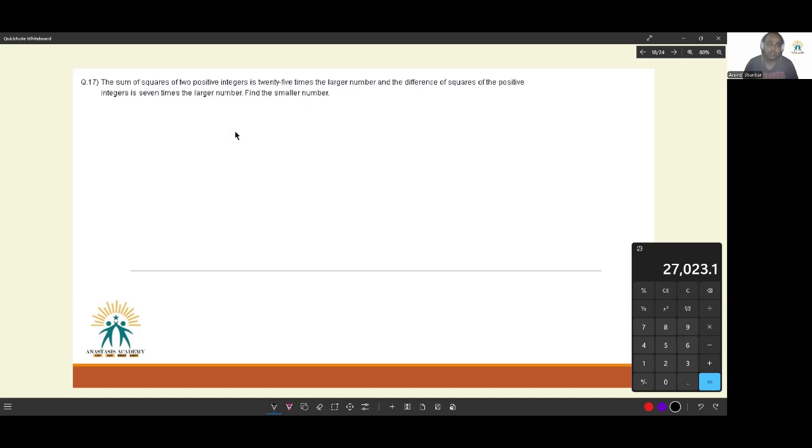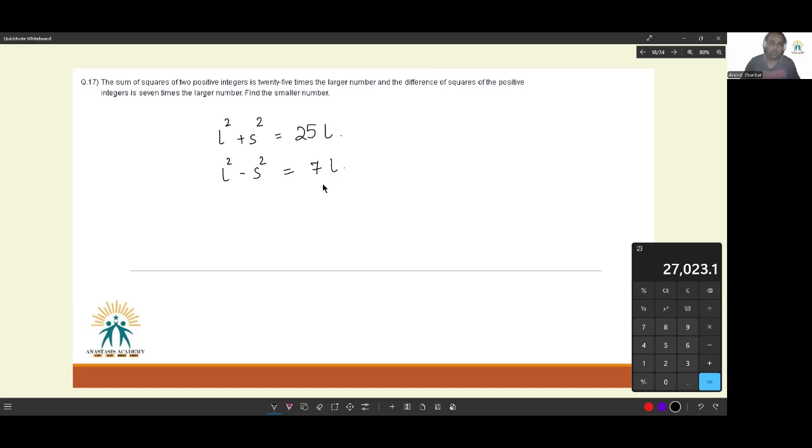Okay. Next. The sum of squares of two positive integers is 25 times the larger number. So let's say there is a large number, there is a small number. So L square plus S square is equal to 25L. And the difference of the squares of the positive integers is 7 times the larger number. So L square minus S square is equal to 7L.